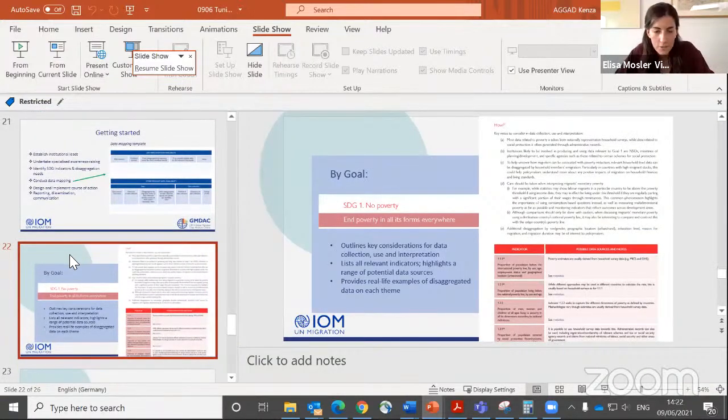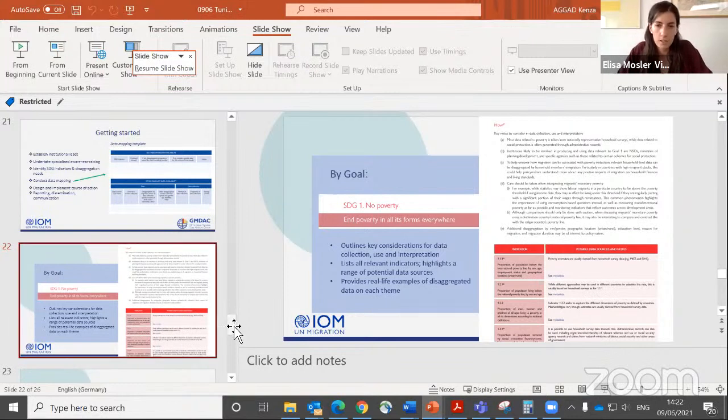So the text here is very small, even for me. And so we're also, I think, running out of time a little bit. But I just wanted to highlight that we have, thank you, Kenza, don't worry, 9 goals that we can focus on when it comes to providing more step-by-step guidance on disaggregation at IOM, and I'm happy to answer questions on or offline about this.